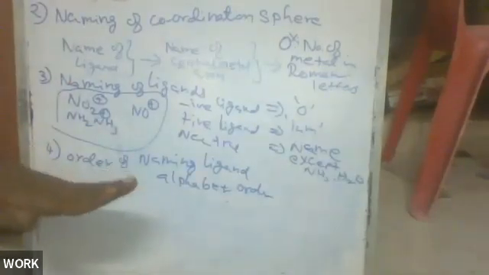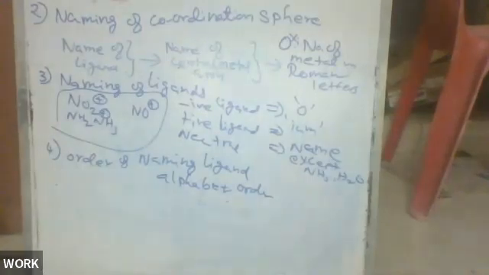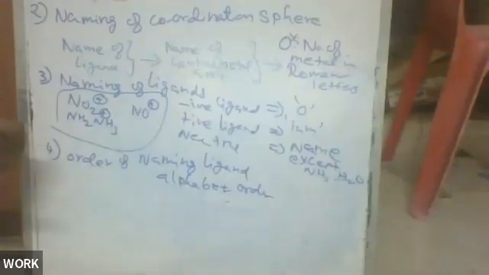The recent convention we follow now is alphabetical order, irrespective of negative, positive or neutral. So with ammonia, chloro, and nitro, first amine, chloro, nitro. You have to follow that order.